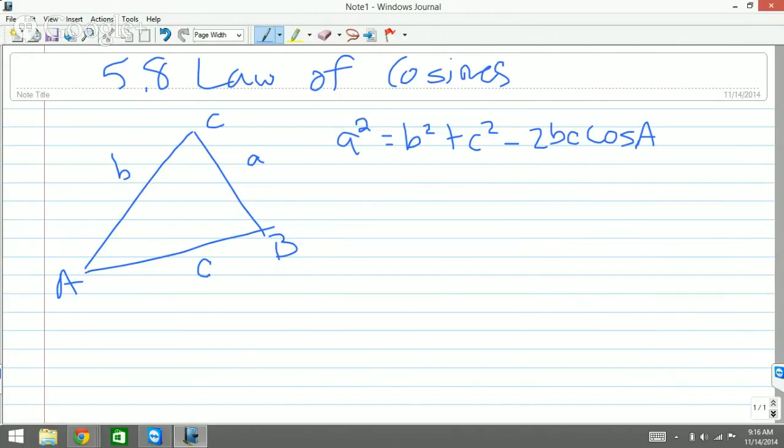Does it look intimidating? It's really not. We use this when you're given two sides and the included angle.